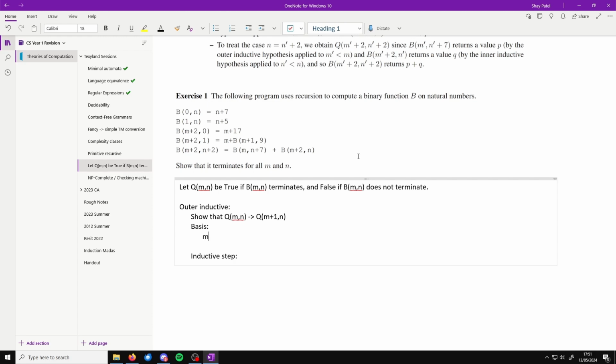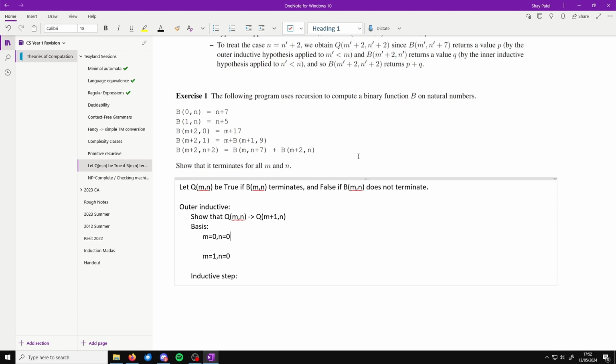M equals 0. Okay, so yeah, we've got two things. M equals 0, n equals 0, and m equals 1, n equals 0.